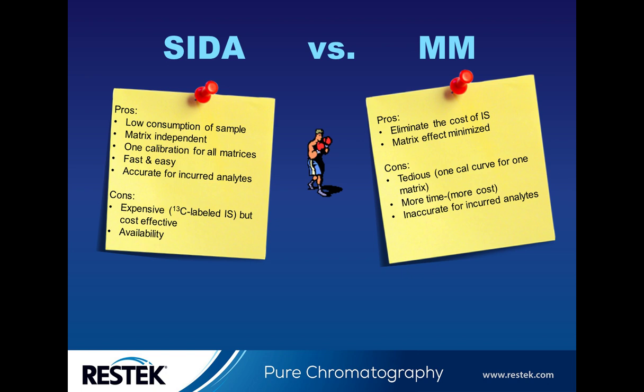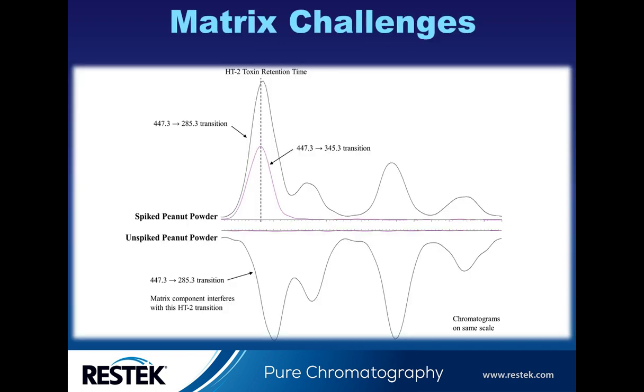Well, as I mentioned, it can be tedious and more time consuming. Even if you save the cost for internal standard, labor fee is another big cost. And for those already contaminated with your mycotoxins or target analytes, it's very inaccurate to do the concentration calculation.